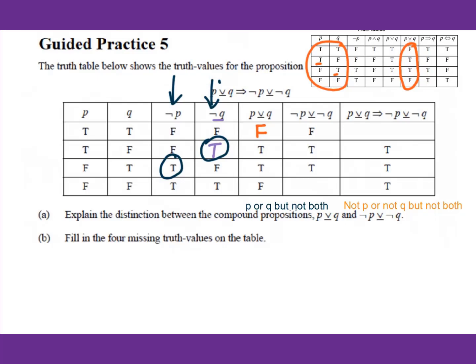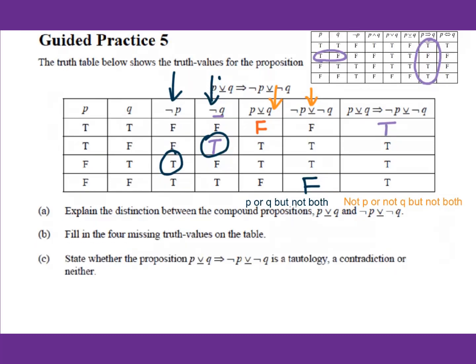That must be true. Otherwise it will be false. Now let's check these two columns. We do implication. For implication, all true except true, false. Therefore, this must be true.